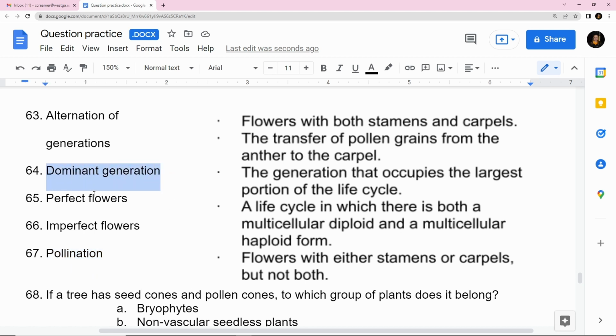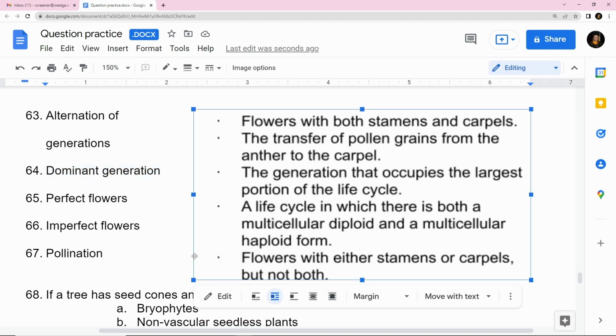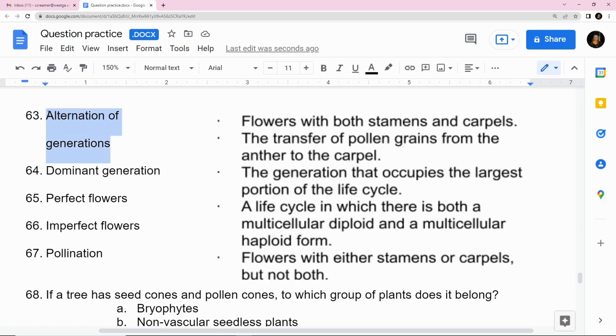Dominant generation. A life cycle in which there is both a multicellular diploid and a multicellular haploid form. Alternation of generations. Flowers with either stamens or carpels, but not both. Imperfect flowers.